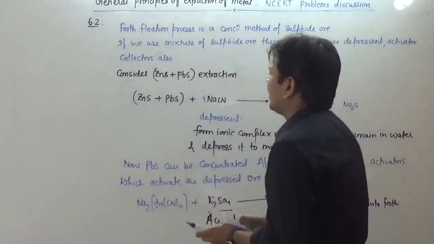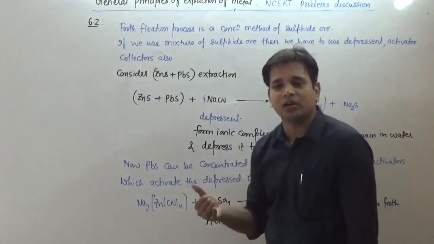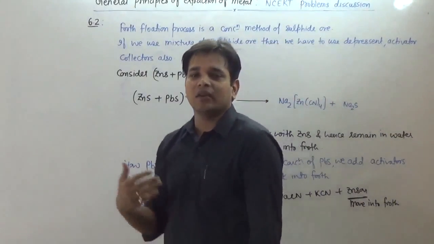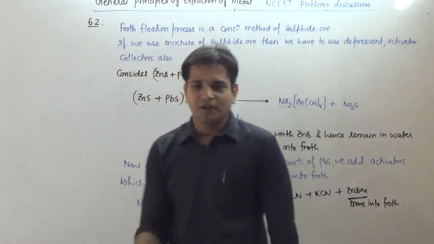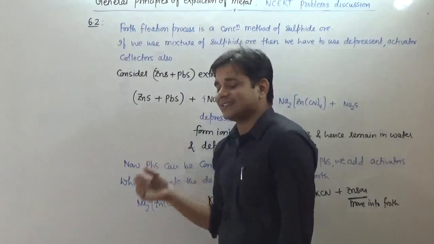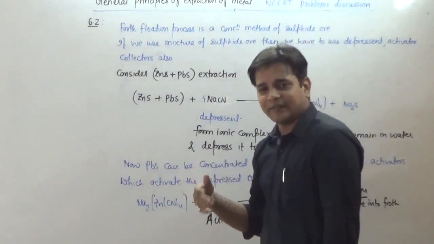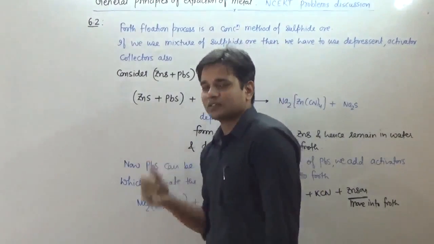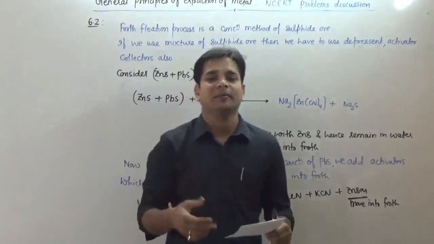There is another material I have written here, collectors. Collectors, as I have already told, are for material that will move into the froth which has significant covalent character. If you look at ZnS and PbS, these seem to be ionic compounds. There is significant ionic character in these molecules. So how will we make it more covalent, make it water repellent?